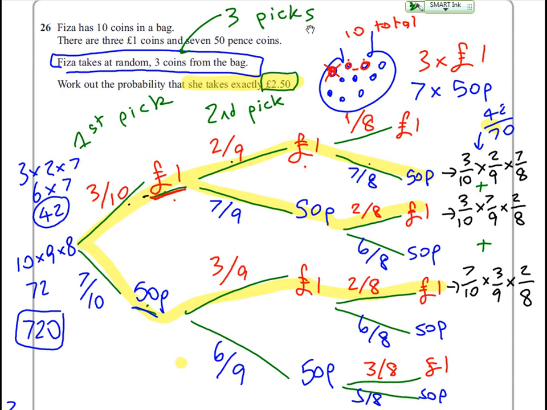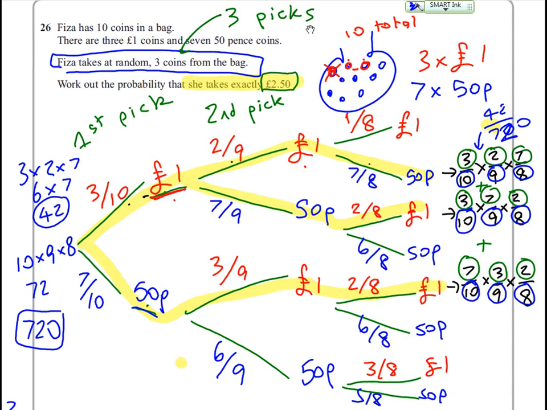Now, notice this. It doesn't matter what order we multiply things. Can you see 3, 2, 7, 3, 2, 7? They're all the same, so they're all going to be 42. And if you look at the bottom row, it's 10, 9, 8 each time, so they're all going to be over 720.